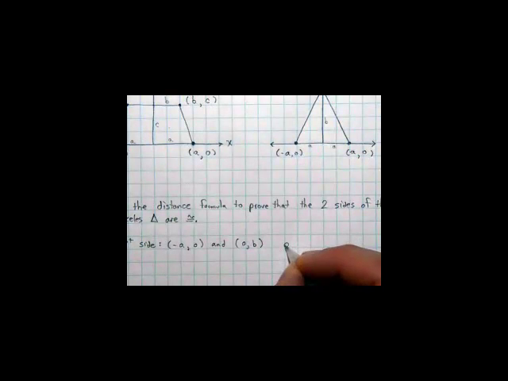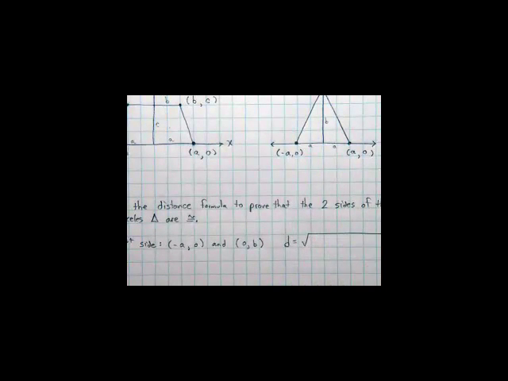So the distance formula for those two points, remember the distance formula? Big old square root. And you do y2 minus y1, so in this case it would be b minus 0 squared, and then plus 0 minus negative a.